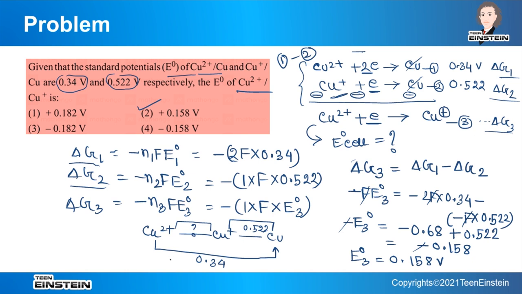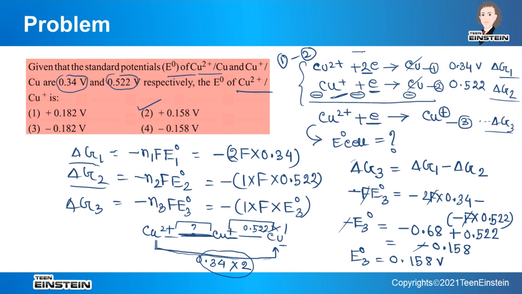So how can we get it? See here, for this system it is 2 plus to 0, so that is why it is multiplied by 2. And for plus 1 to Cu, it is only 1 electron, so it is multiplied by 1. So now this is the range. So you can get the value of this portion only if you subtract this 0.522 from 2 into 0.34.